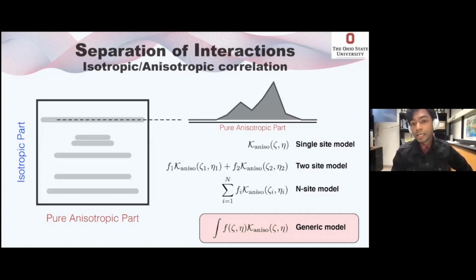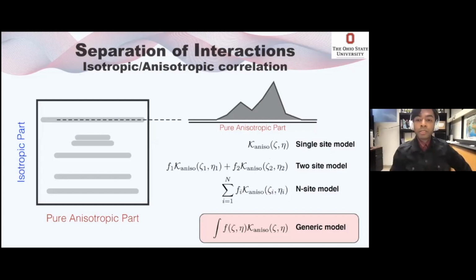Now, this line shape that I'm denoting with the symbol K sub n iso can be modeled based on our prior knowledge about the system. We can model it with the single site model, or we can have two sites, or more generically n sites, where f sub i is just the weighting factor and k n iso as a function of zeta i and eta i is the line shape for that particular pair.